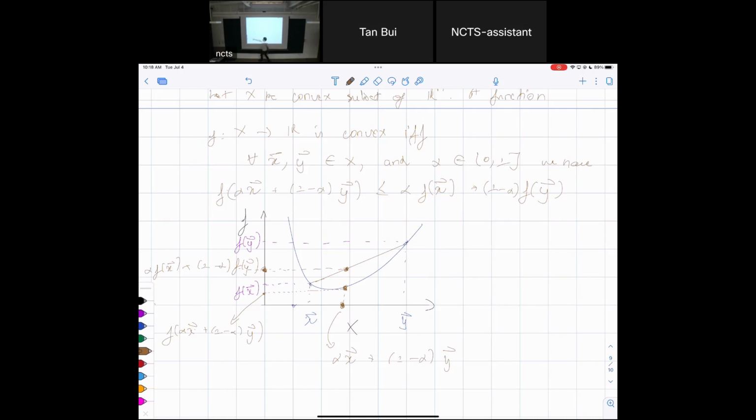This is the function evaluated at a convex combination of x and y, right? If the function is convex, then this must be below this. That's the intuition. Everybody see that? That's graphically what it means to be a convex function. All right. Any questions?